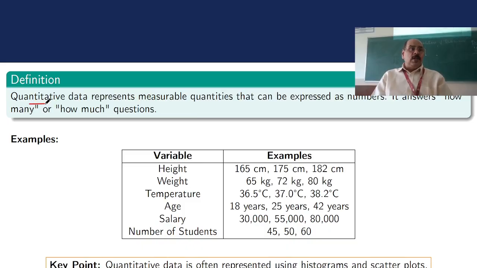So qualitative is done, quantitative is measurable. Quantitative data represents measurable quantities that can be expressed as numbers. How many, how much, and so on. The number of students who have passed, number of students who have not passed, the height of students, weight, temperature, age, salary, etc. We use histograms or scatter plots very often to visualize quantitative data.